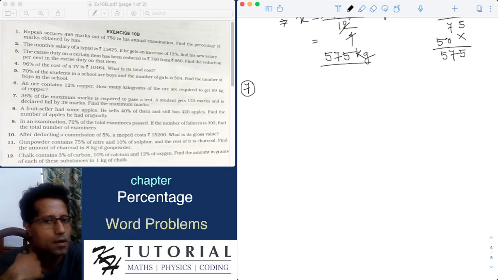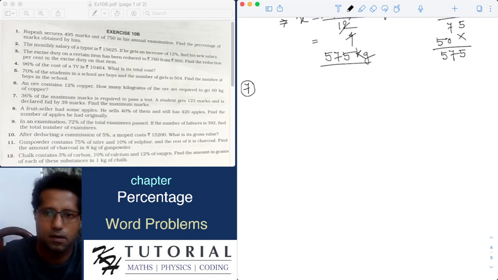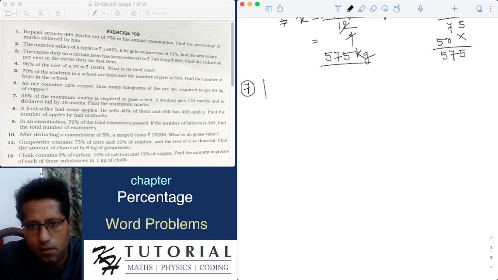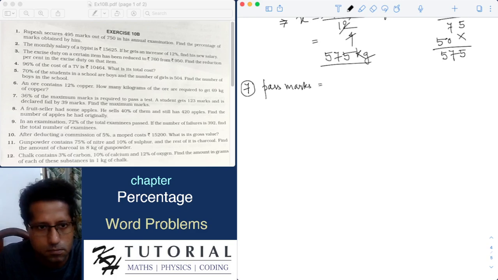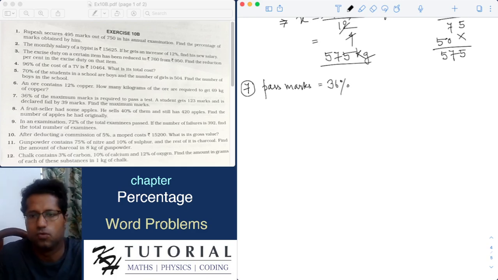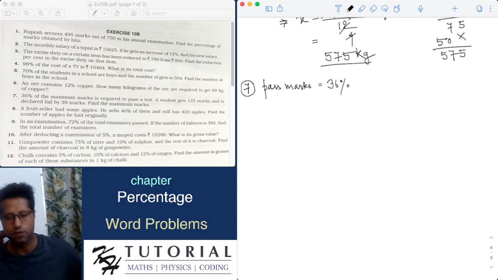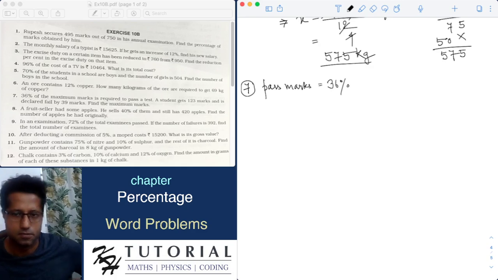Let's say the pass marks equals 36%. It is given that to pass you have to get 36% of total marks, whatever the total marks is.